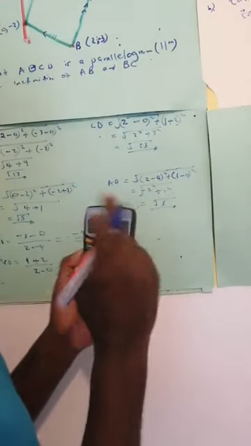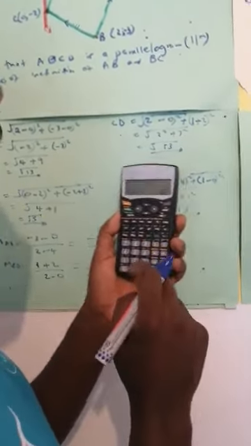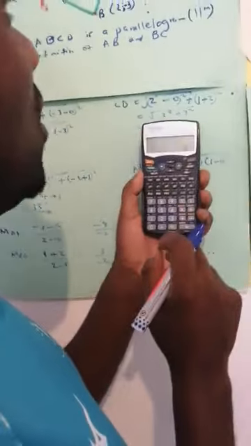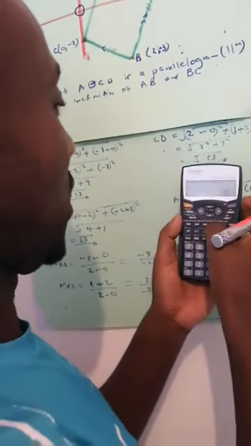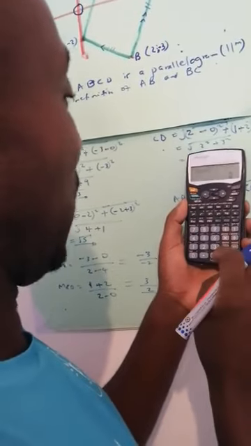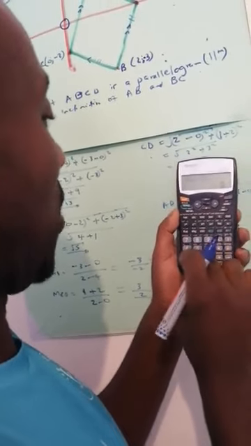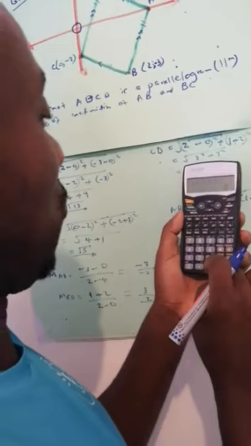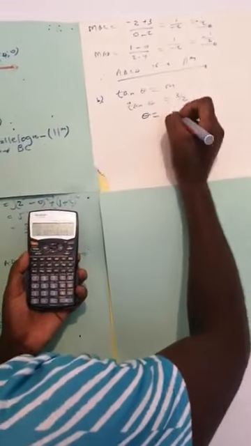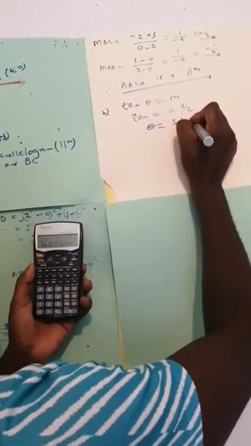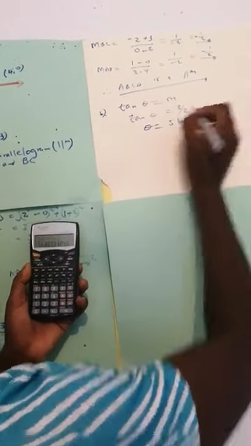Okay, we got our calculator now. So now we're going to say theta equals second function tan of 3 divided by 2, because it's positive. So the answer is theta equals 56.31.